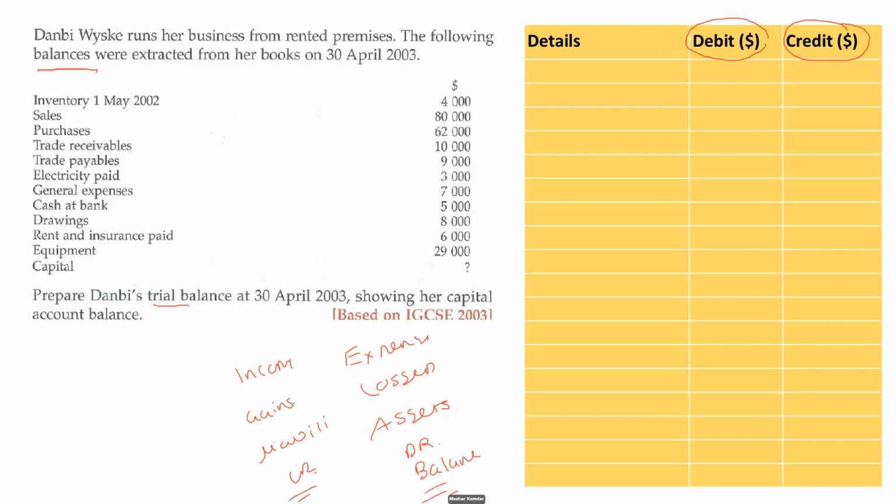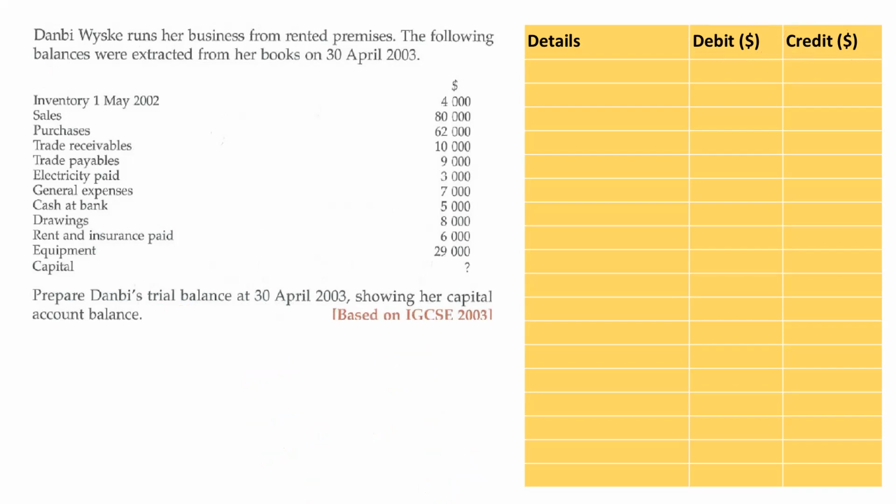If you do not know what expenses, losses, assets, income, gains, and liabilities are, you could refer to my videos on capital and revenue expenses, which give a detailed classification of assets and liabilities. Okay, let's go. Inventory: the inventory in the trial balance is always the opening inventory.